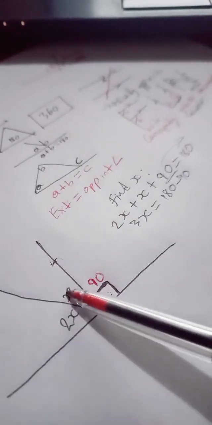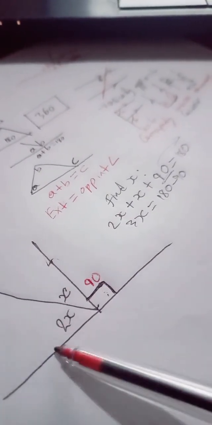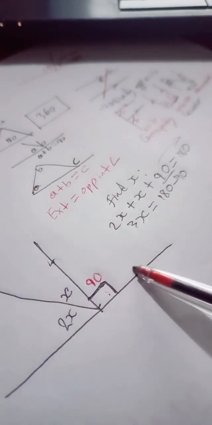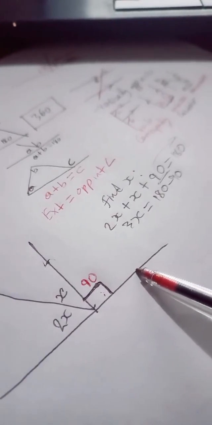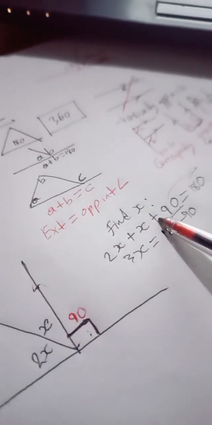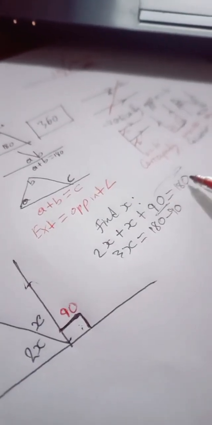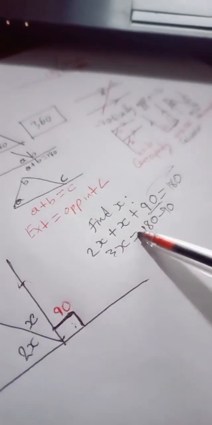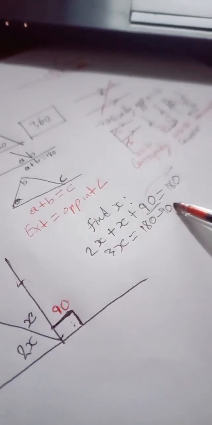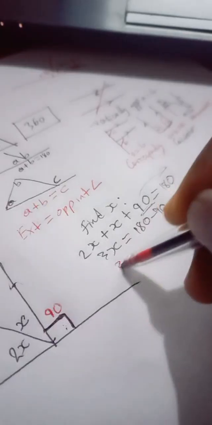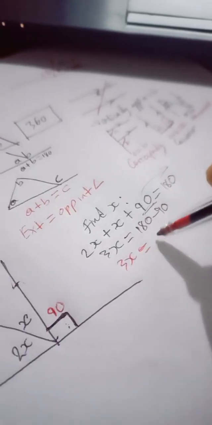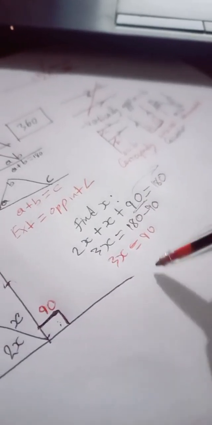So that's why we have 90 and then 2x and x to give us the whole 180 degrees. So 2x plus x plus 90 gives us 180. Now 3x is equal to 180 minus 90. We get 3x is equal to 90.